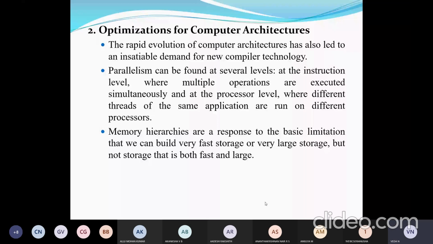Now, parallelism, coming to this particular definition. It can be found at several levels: at the instruction level, where multiple operations are executed simultaneously, or at the process level, where different threads of the same application run on different processors.